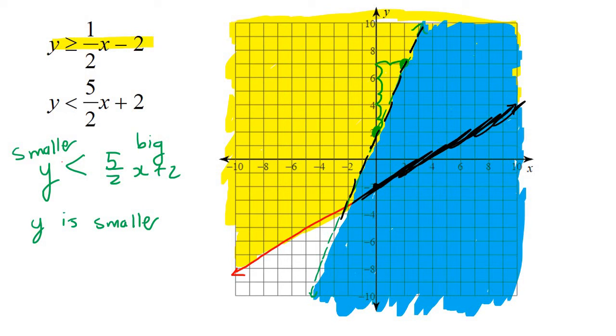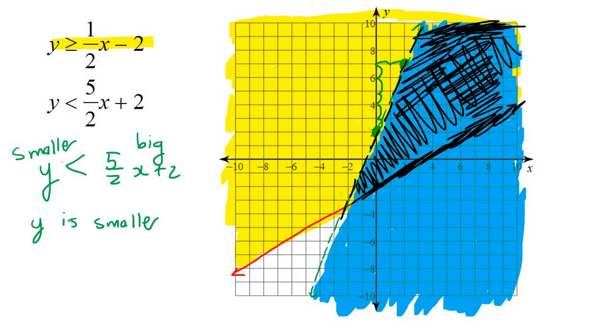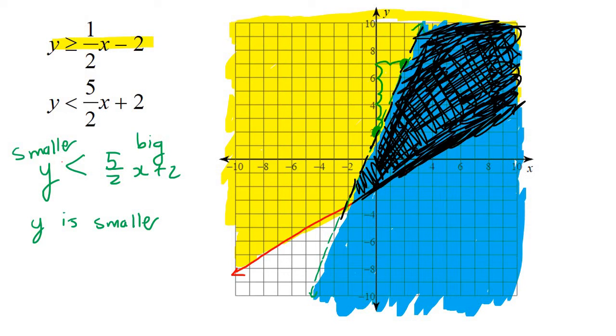And so the answer is definitely going to be that part in between them. That's where we had blue and we had yellow. Remember? We had blue and yellow there. So it's going to be all of this. So it's literally the part where we had overlap, where there was blue and there was yellow. Okay? So that would be that area over there. So that part there, that is our answer.